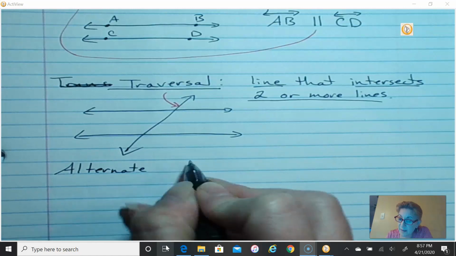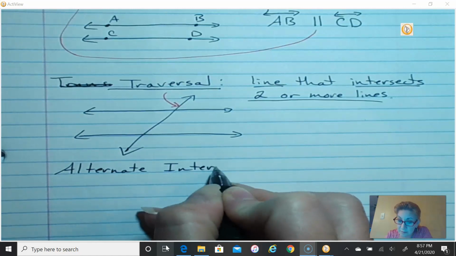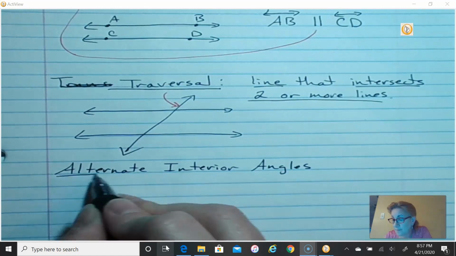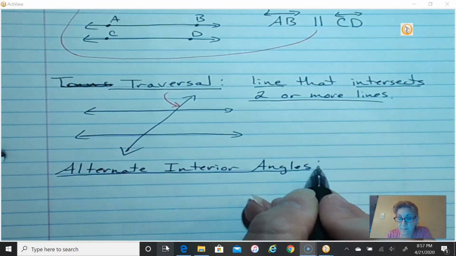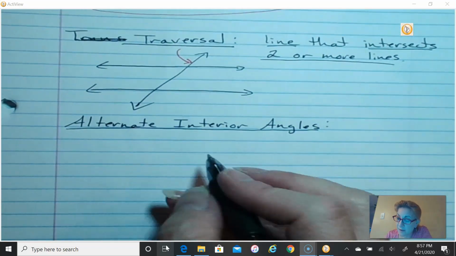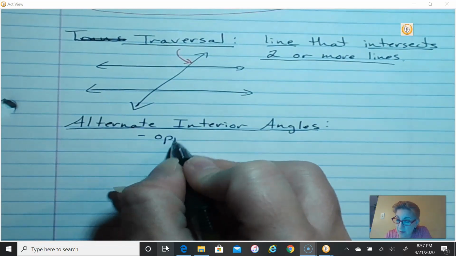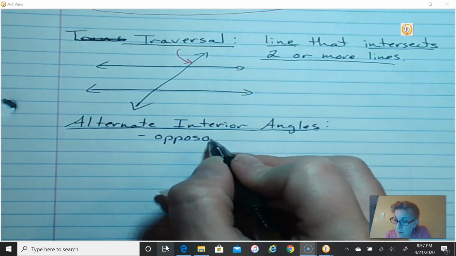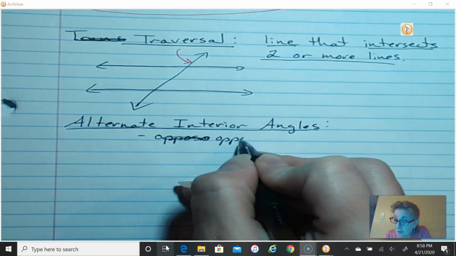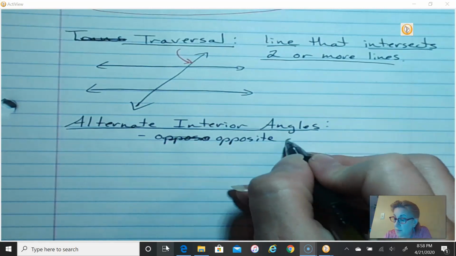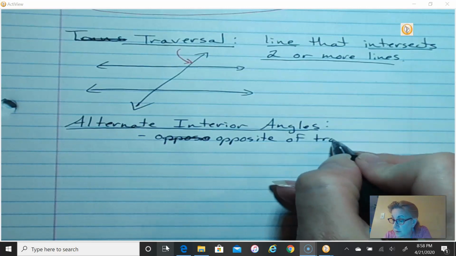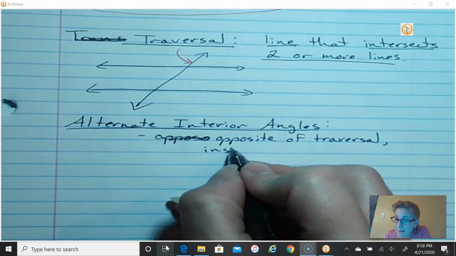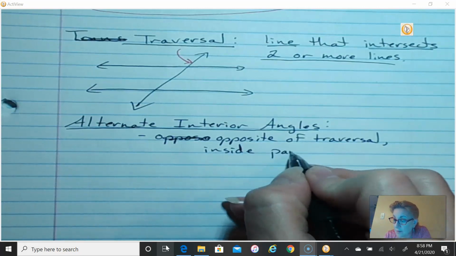Alternate interior angles. They're opposite. I'm having trouble spelling tonight. I'm tired. Opposite of the transversal and inside the parallel lines.